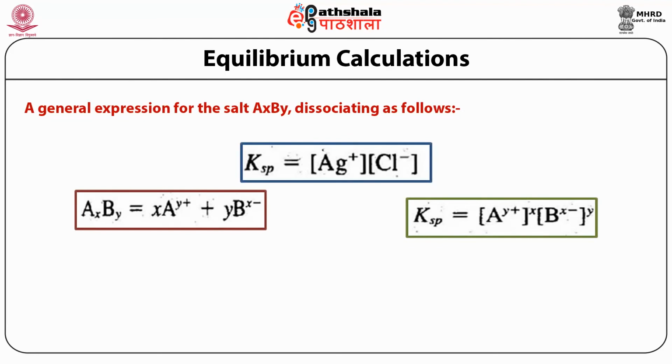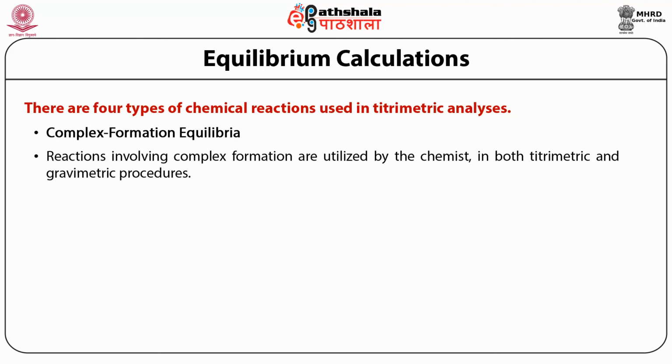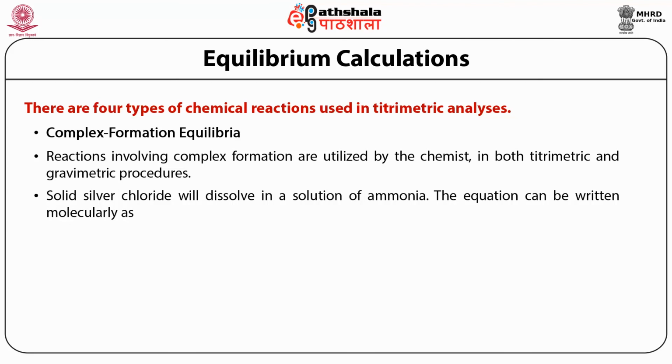The general expression for a salt dissociating is given here in the equation. The next one is the complex formation equilibria. The reactions involving complex formation are utilized by the chemist in both titrimetric and gravimetric procedures. The solid silver chloride will dissolve in a solution of ammonia.